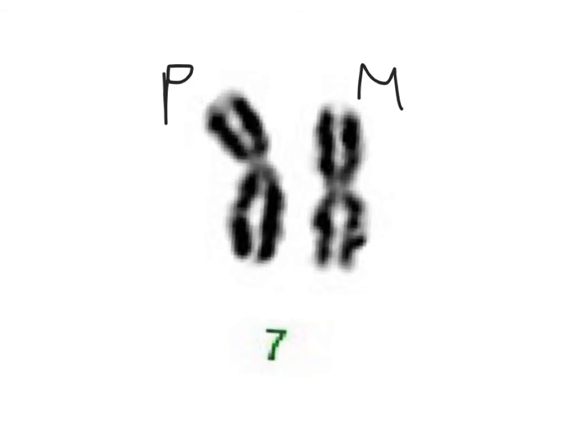M is what sort of centricity? It looks pretty metacentric. Centromere is right about in the middle. What about the P? The paternal chromosome, that is. This is what we call submeta. It's slightly off-center, submetacentric.